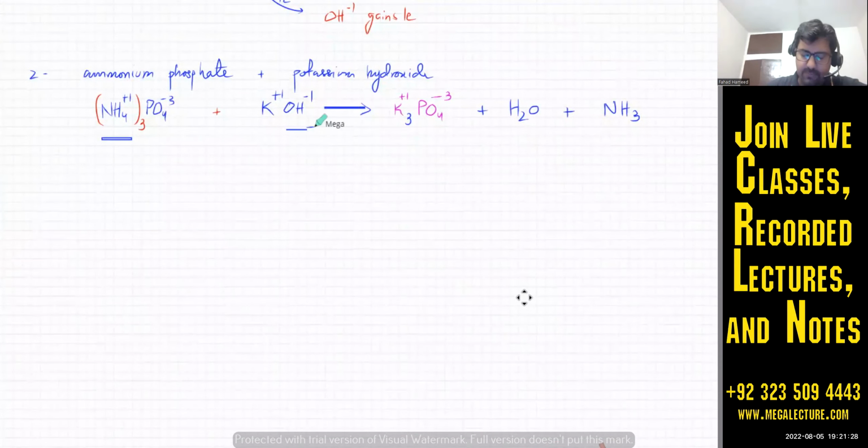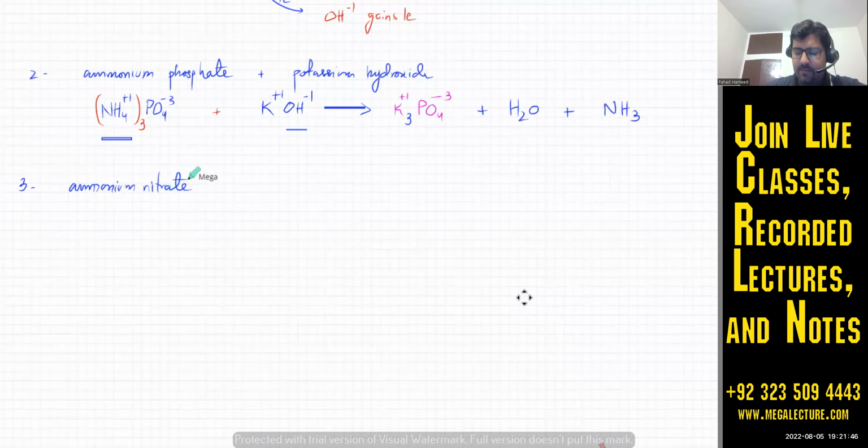As we just made 2 equations, let's make a third one. Let's try ammonium nitrate, and let's react it with sulfuric acid.